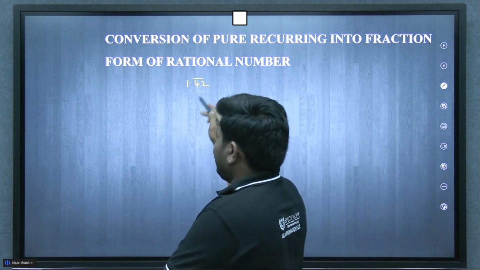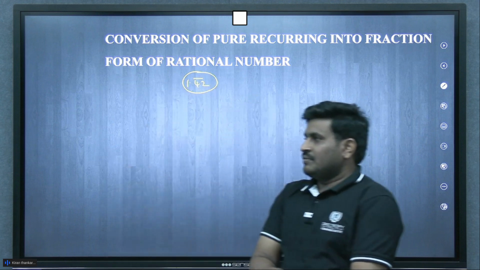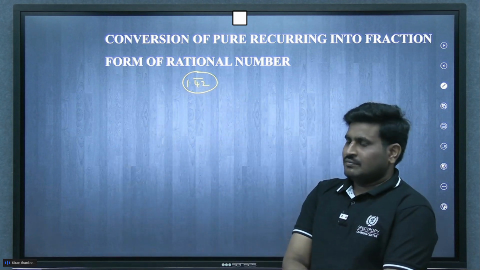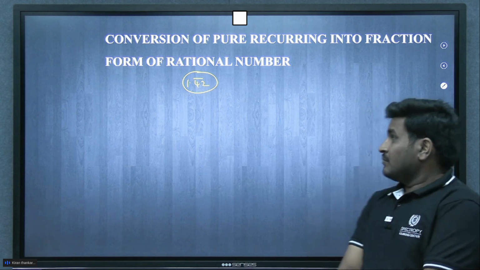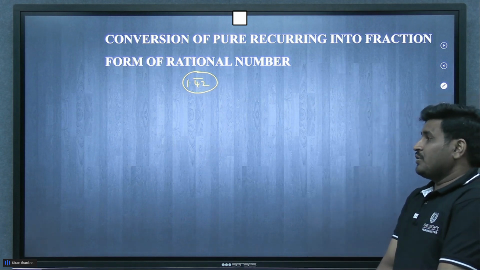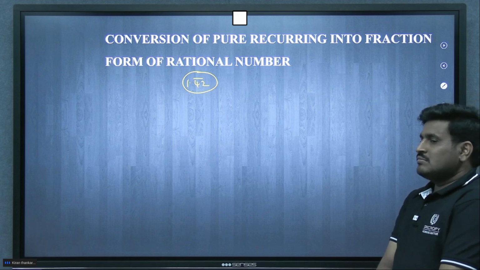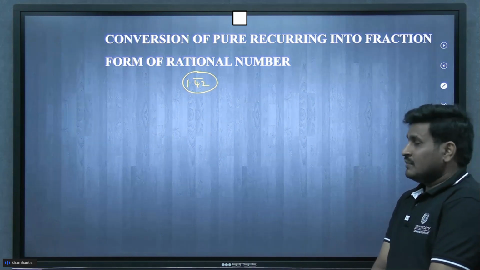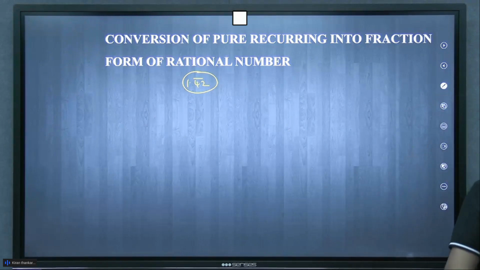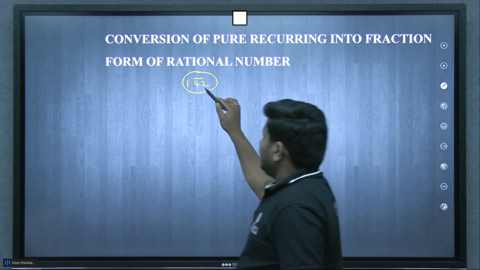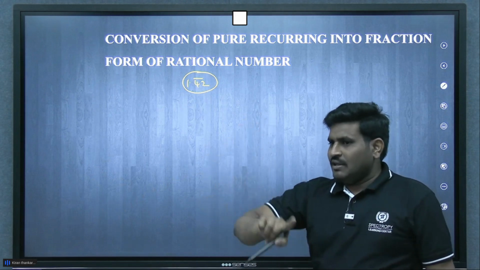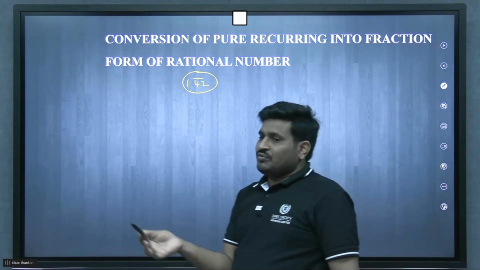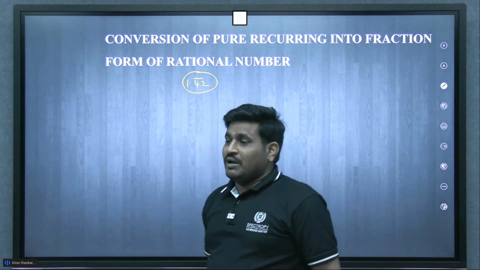When we convert this number to a fraction, if you observe 1.42 bar, we can take 100. Why? Because there are two digits after the decimal under the bar. When the bar has one term, multiply by 10. When it has two terms, take 100. When it has three, take 1000.